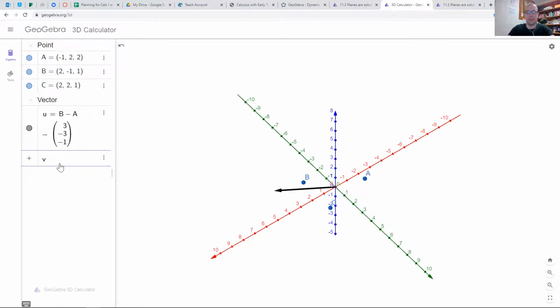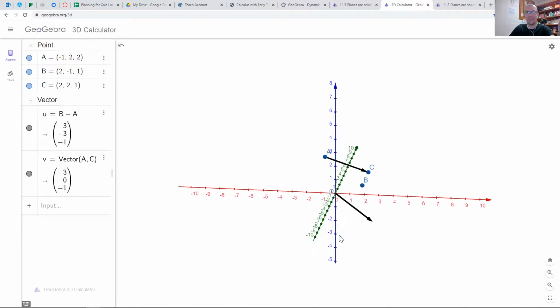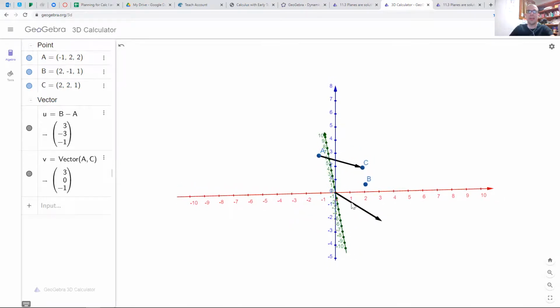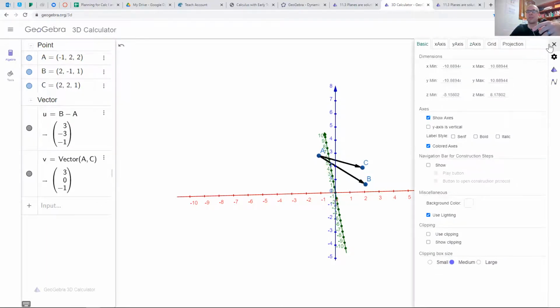I'll do that for this next one. V equals vector, start point A, end point C, boom. Because it already does the translation for you so that it's up between those 2. But I can just, again, move the position of this one so that we're in the right spot.